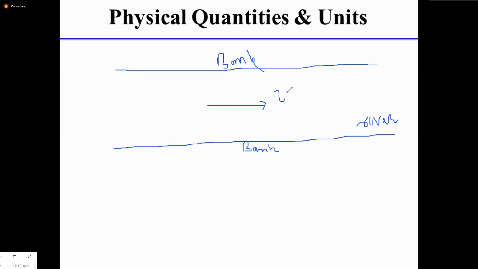So if you want to represent the speed of the water, then that can be represented with these arrows here. At this point, if you start at this point, for example, and you look in this direction, you see that the speed is increasing.